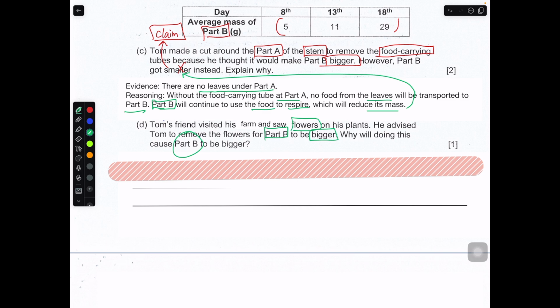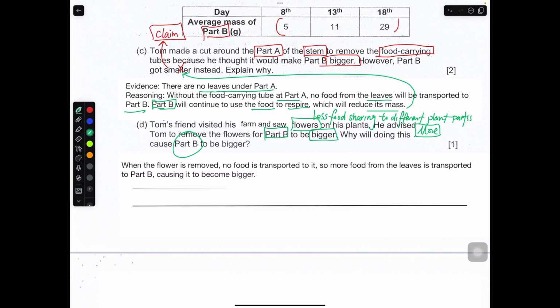It's because when you're removing one of the parts, there is less food sharing to different plant parts. When this happens, then more of that food can be channeled or transported to other parts.